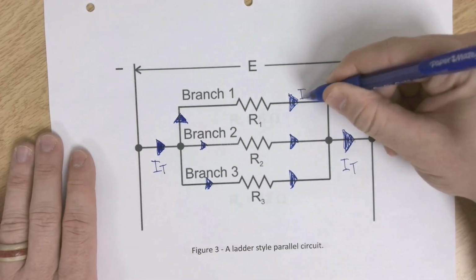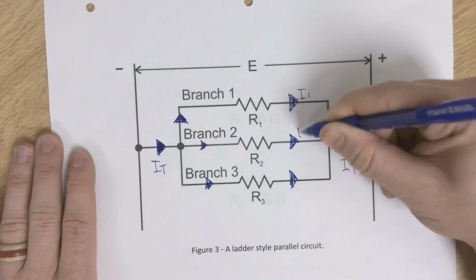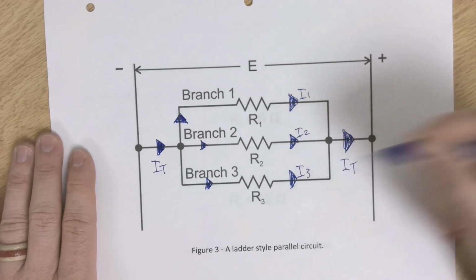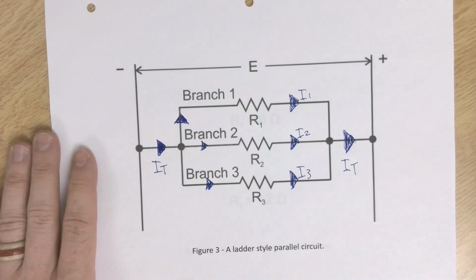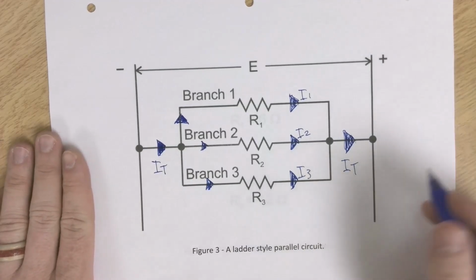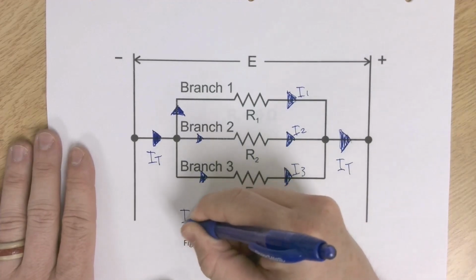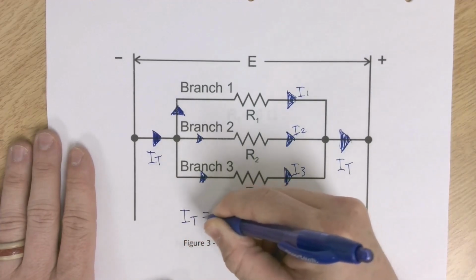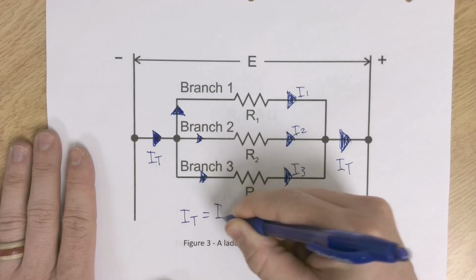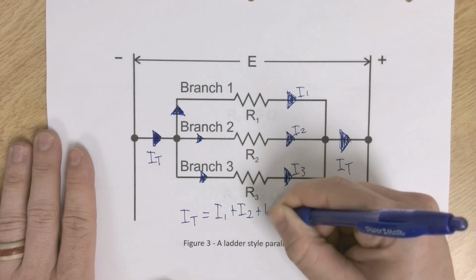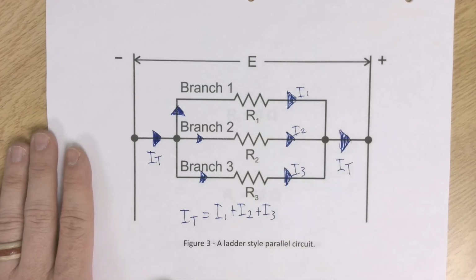But I1 is going to be possibly different from I2, which may be different from I3 in a parallel circuit. So our new rule for calculating total current will start to look like this. I total equals I1 plus I2 plus I3.